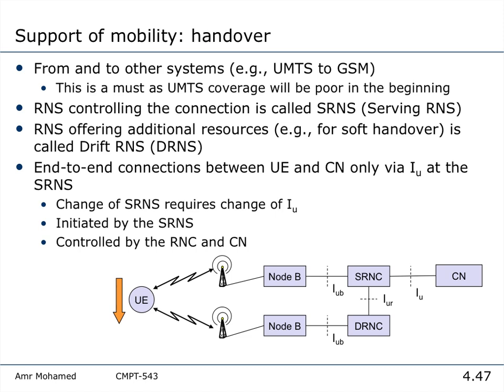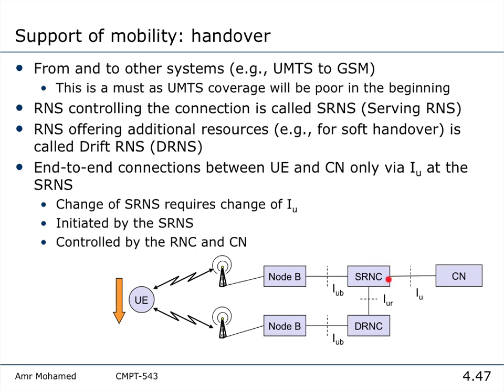So the serving RNS, whether in the uplink or downlink, will receive or send the traffic to the UE, right? As well as the drift RNS, it will do the same. But the serving RNS is the one that mixes the traffic together. And then it sends it to the core network.